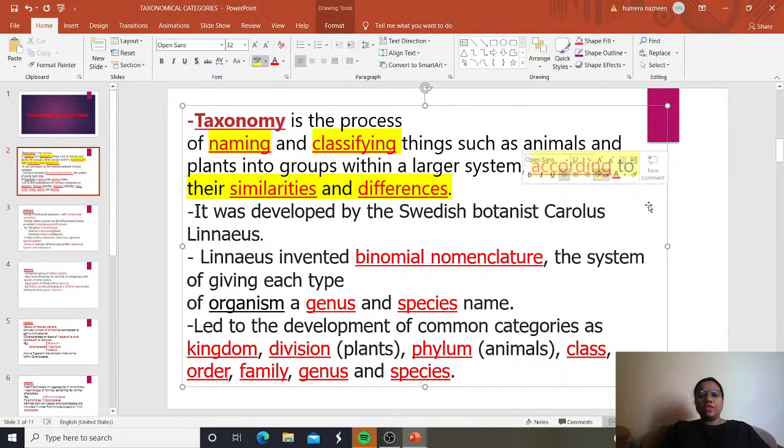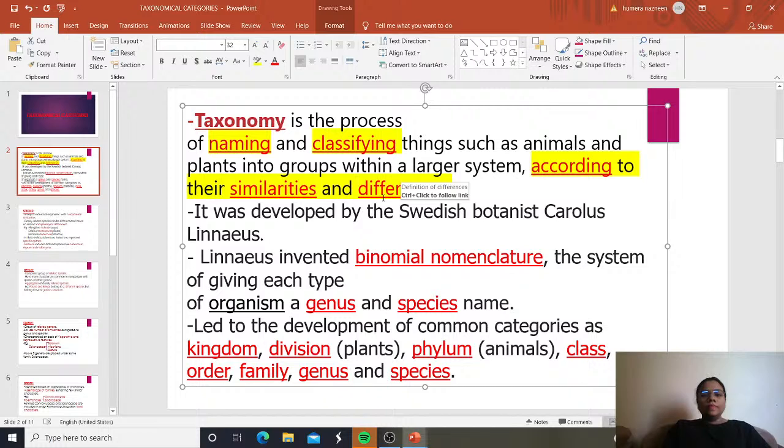So based on their differences and similarities, all the animals and plants are named and classified, and after classifying them into various groups, they are placed under those groups based on their similarities as well as their differences.